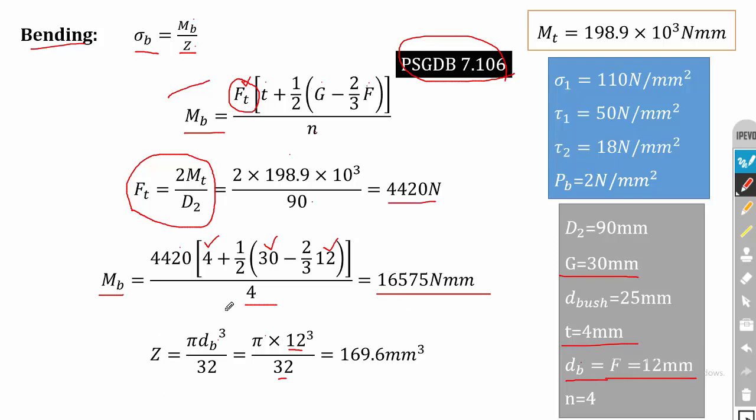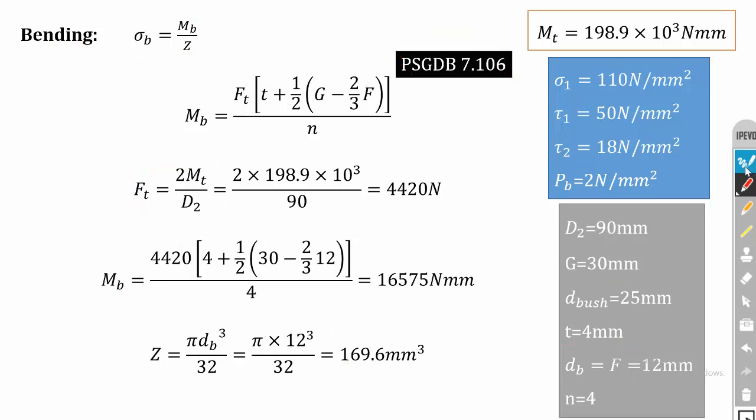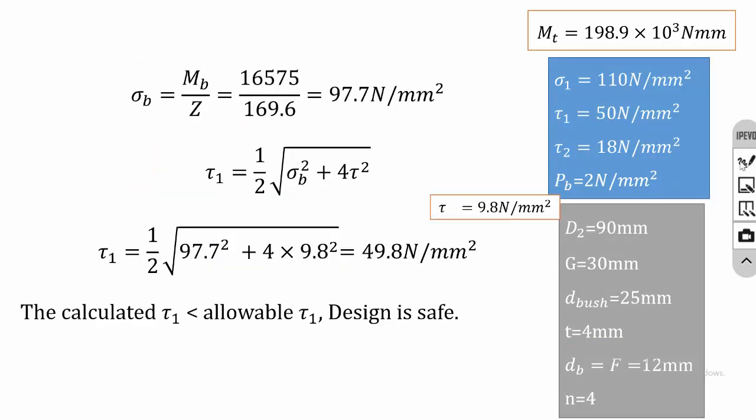For the remaining equations you can use our notations. So substitute the value of dB and calculate Z. After calculating Mb and Z, you can substitute the two values in the sigma b equation and calculate sigma b, that is 97.7 Newton per mm square. So this is the bending stress.